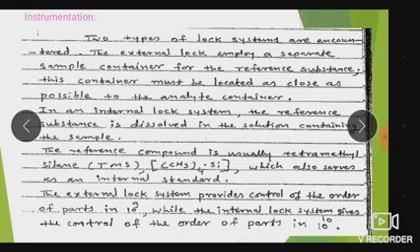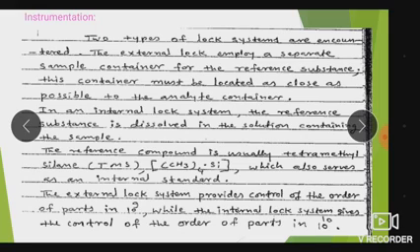The external lock employs a separate sample container for the reference substance, and this container must be located as close as possible to the analyte container. So in the external system, the reference and the analyte sample are close together.